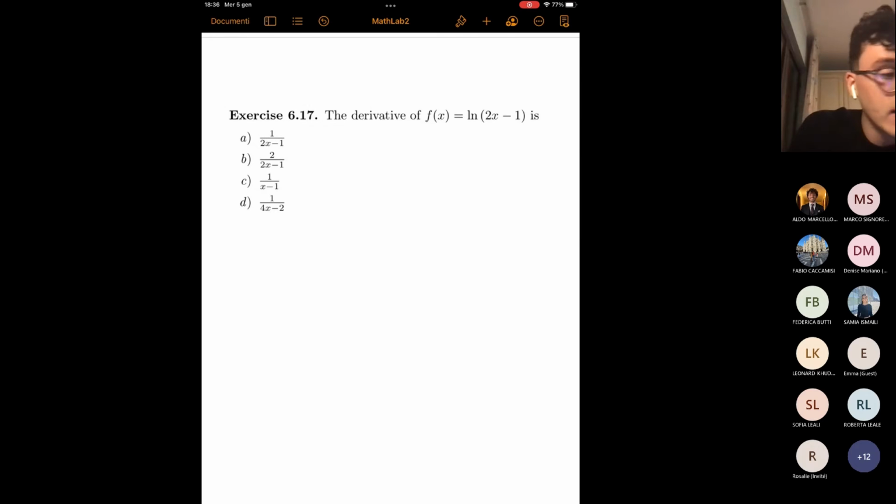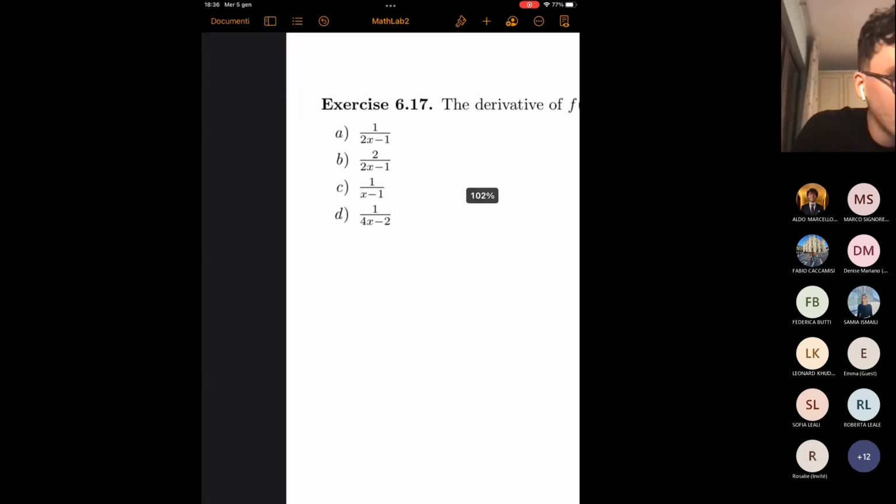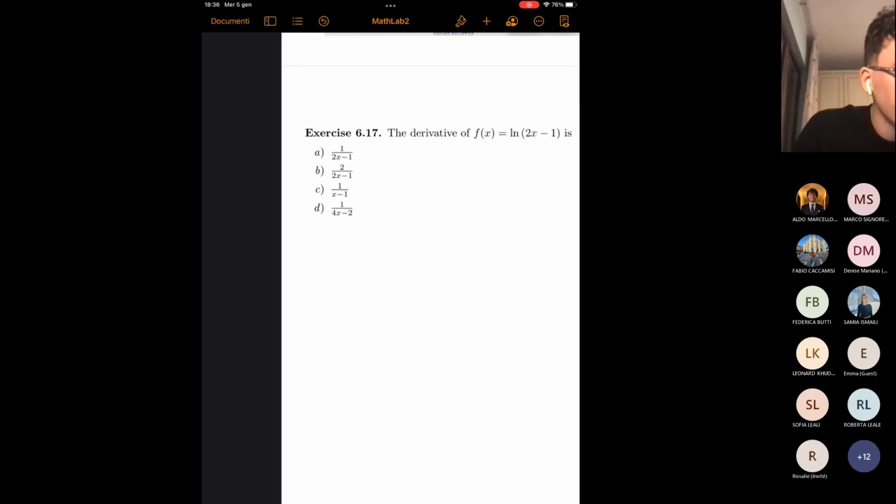And the derivative of 2x minus 1 is 2. So we have to multiply the derivative of the function inside the ln, which is 2, times the derivative of ln of 2x minus 1. So it's 2 times 1 over 2x minus 1. And the right answer for this exercise is the second one, because we have to know that it's 1 over 2x minus 1 times 2, which is the right answer.